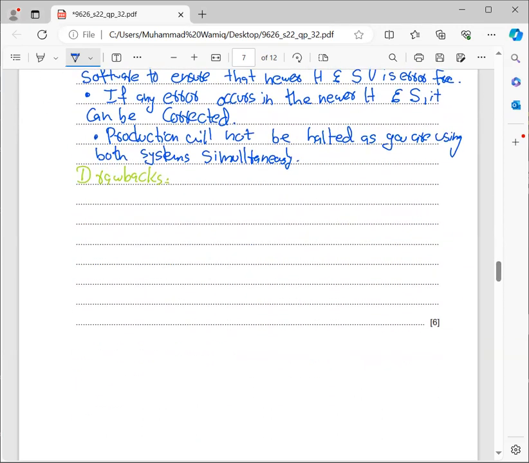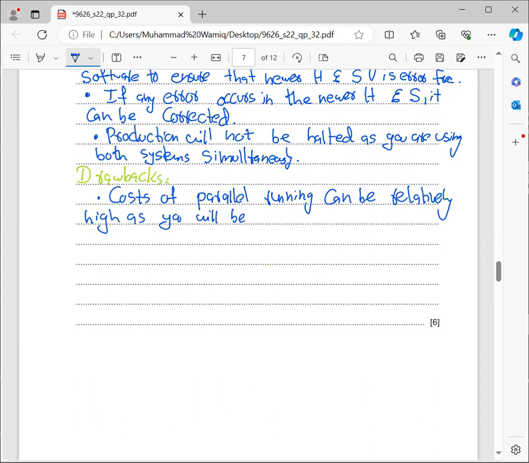What can be the drawbacks of that? First point is that costs of parallel running can be relatively high as you will be running two sets of hardware and software.